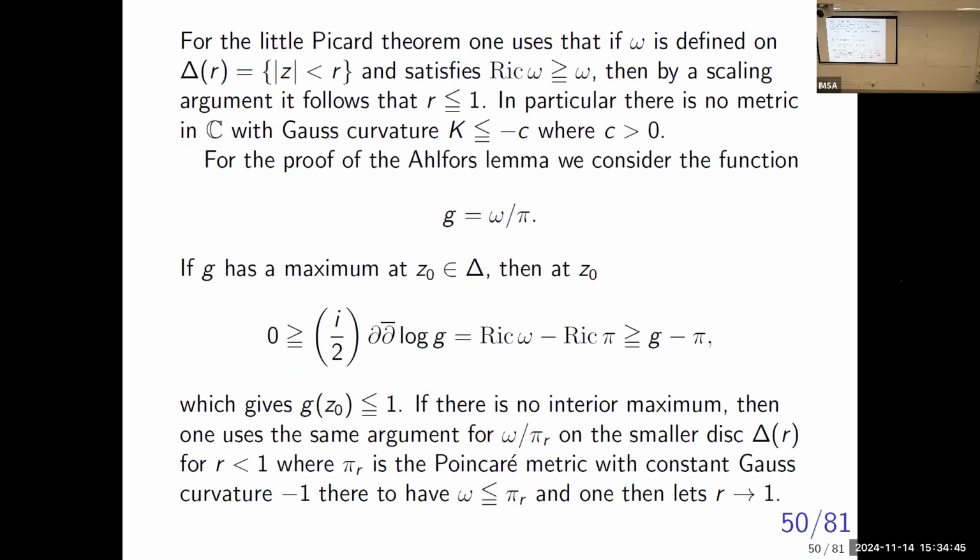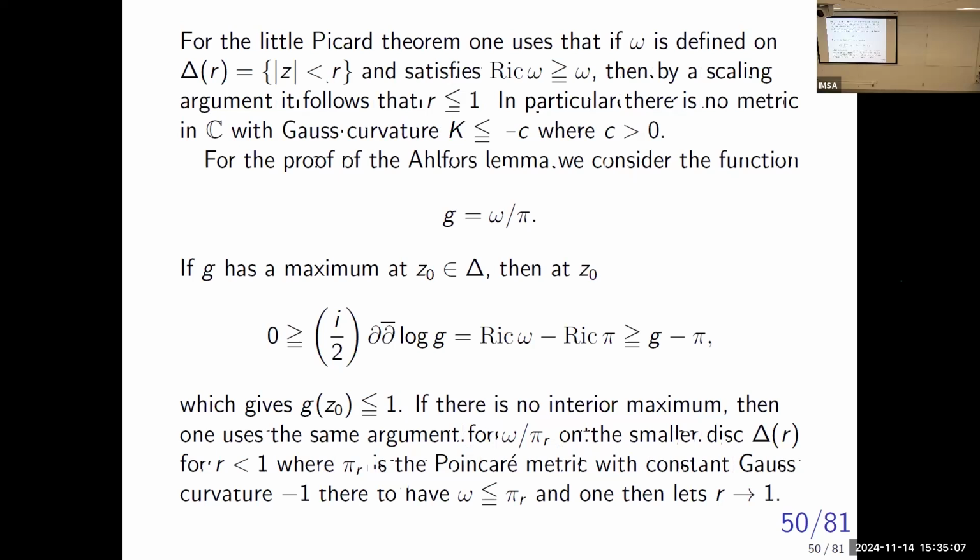So for the little Picard theorem, for example, if omega is defined on a disk of radius r, then you're going to see that there is no metric on the whole complex plane with negative curvature everywhere.